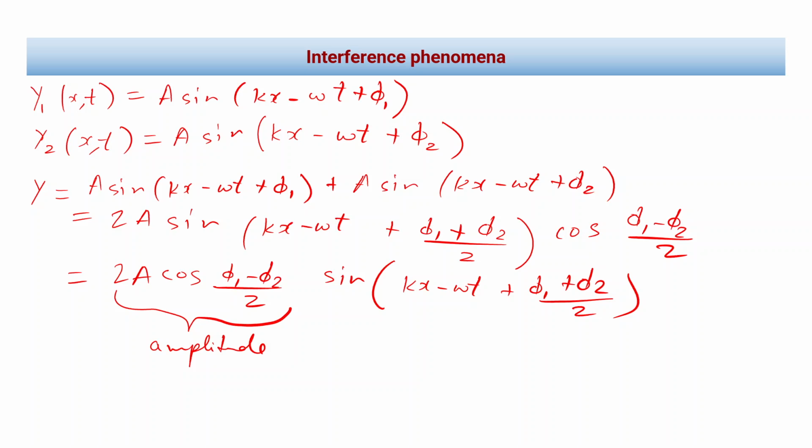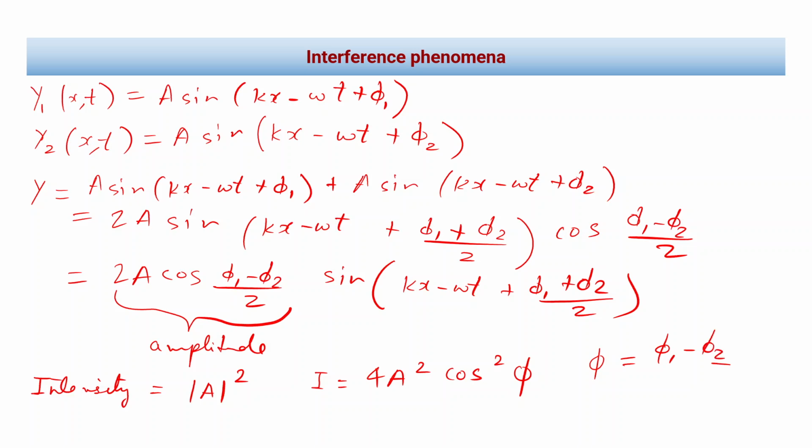Since this is the amplitude, and we know intensity we define as the square of the amplitude of the wave, the intensity for this resultant wave will be the square of this, which will be 4a square cos square phi, where by phi I mean (phi 1 minus phi 2) by 2. So this will be the intensity.